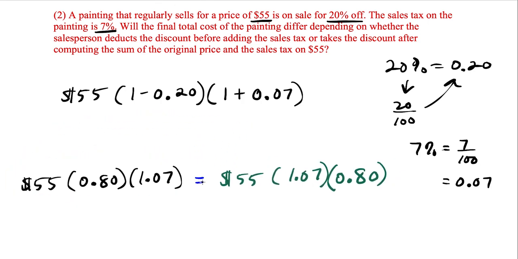So will this change anything? No. The cost is going to be exactly the same, and if we need a reason, we could say commutativity of multiplication. When we multiply these three numbers together, it doesn't matter if we switch the order of 1.07 and 0.80, because ultimately we're multiplying together, so these two things are going to be equal.